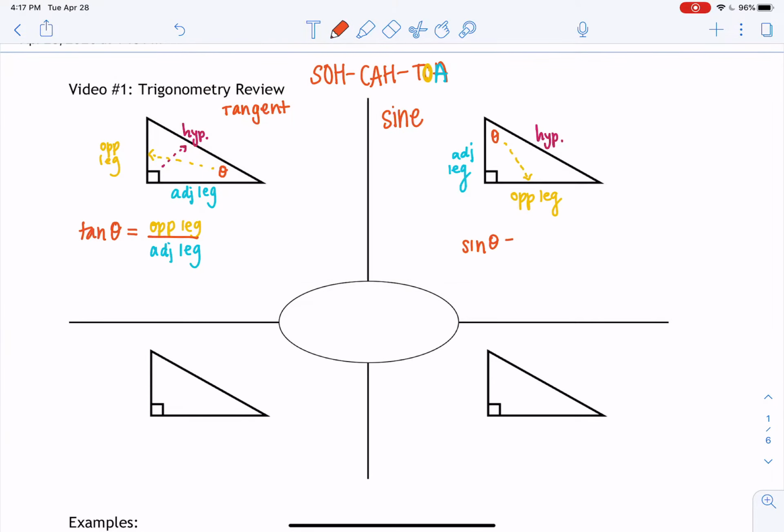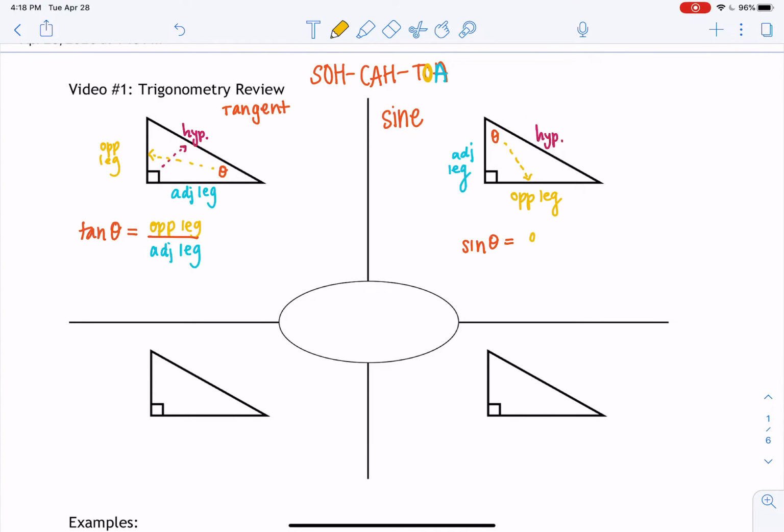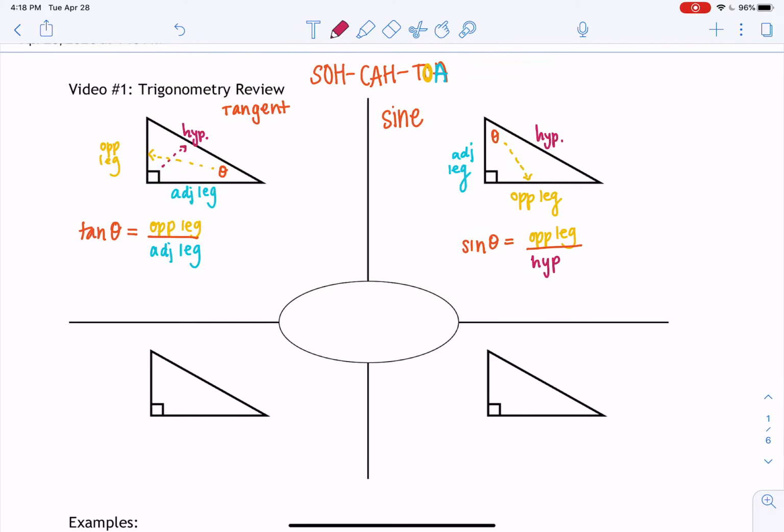Sine of theta is equal to our opposite leg divided by our hypotenuse. So here we have SOH, with an O and an H, because it stands for opposite over hypotenuse.